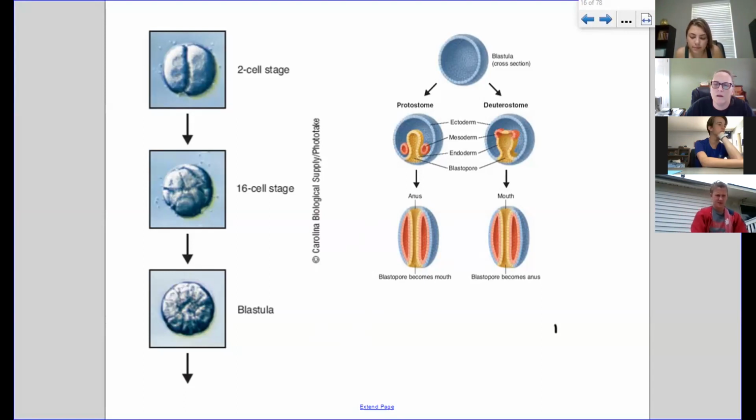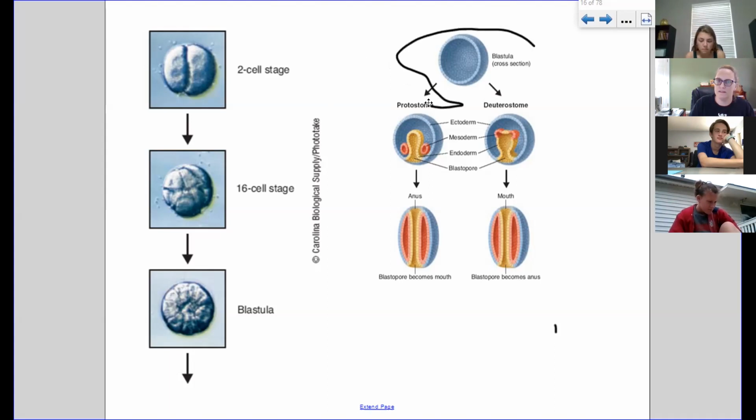Okay? So we had the blastula, right? We had the big, hollow soccer ball circle. And that's that first picture right here. Right here, this is the blastula, the big circle. And then during gastrulation, we start having it indent, right?